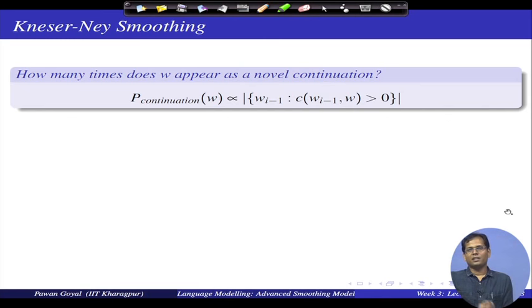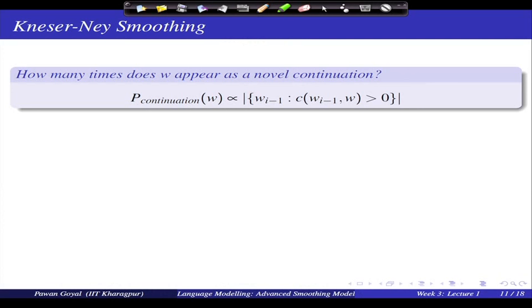What is the probability of continuation? It should depend on the number of bigram types it completes. Now, how should I normalize it? I want to find this probability for each word in the corpus. It is proportional to the number of bigram types it completes, so I should find out in total how many bigram types there are. That is the number of bigram types in total, not tokens: how many different bigram types there are.